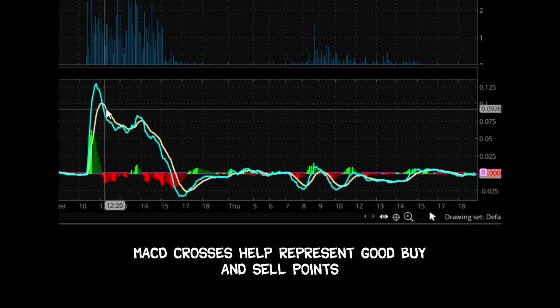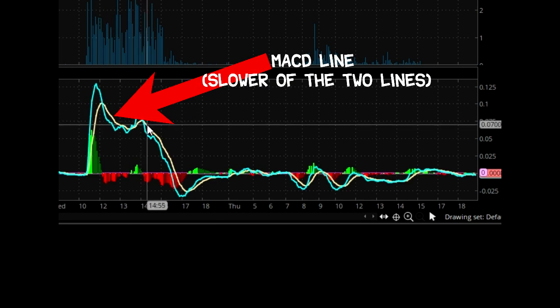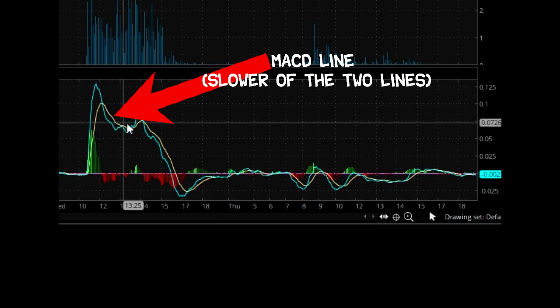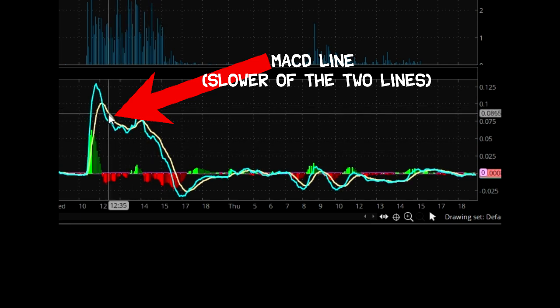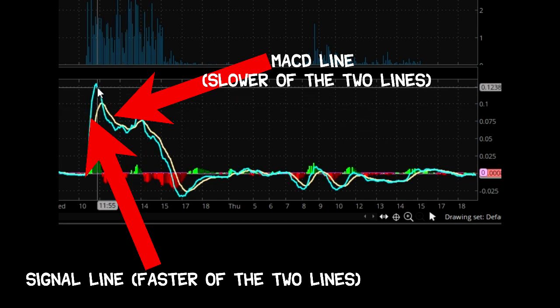So the first important thing to note is that the white line, the slower moving of the two lines, is called the MACD line. The blue line here is the faster moving of the two lines, and this is called the signal line.